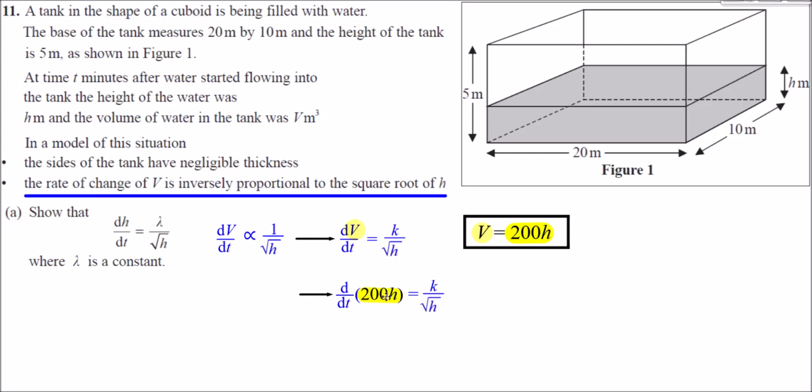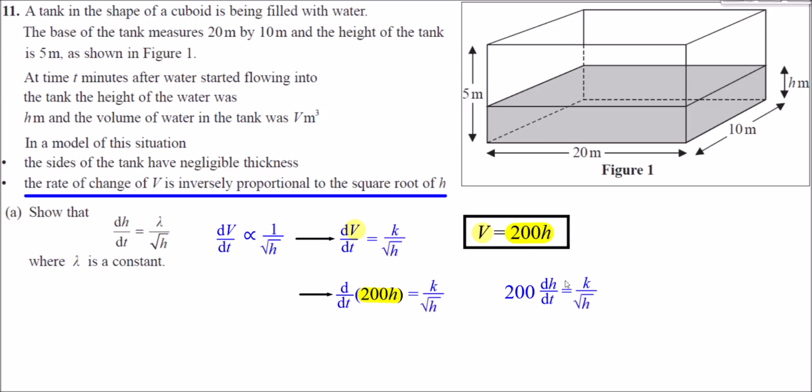So by taking the constant 200 to the outside, we get 200 lots of dh over dt equals k over root h. I've called this k the constant because lambda, we're not there yet, because we've got 200 lots of dh over dt. That's why I chose a different letter, if you're wondering.